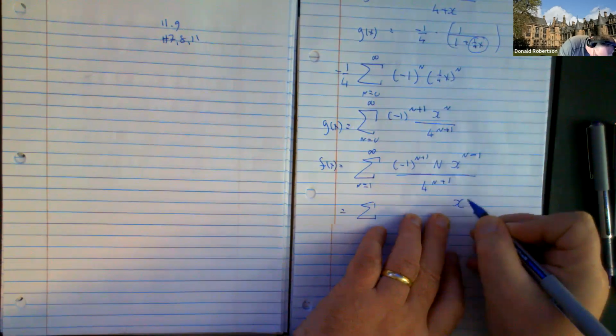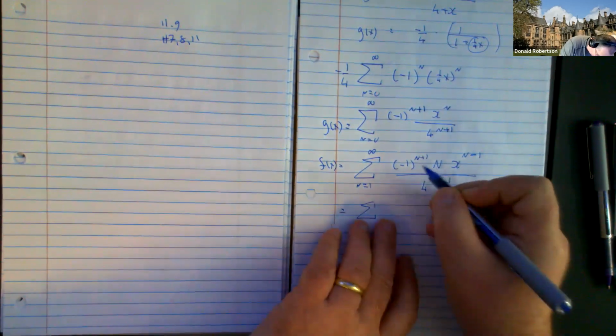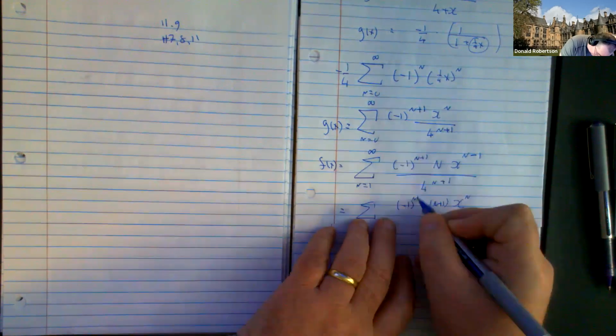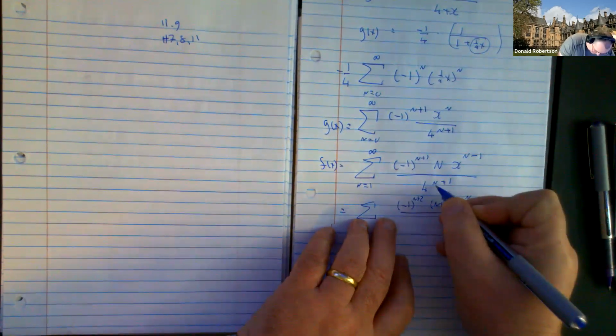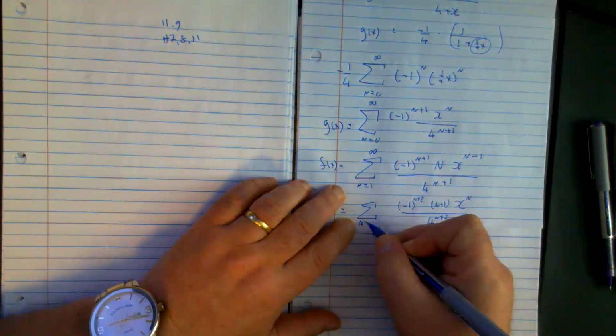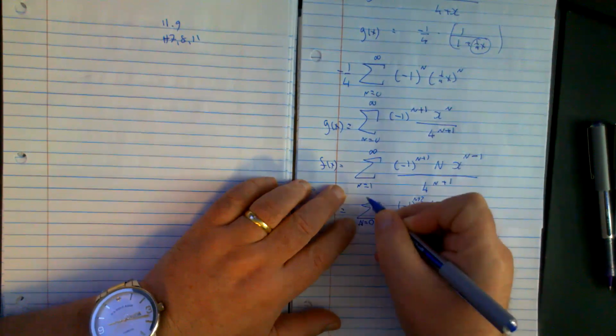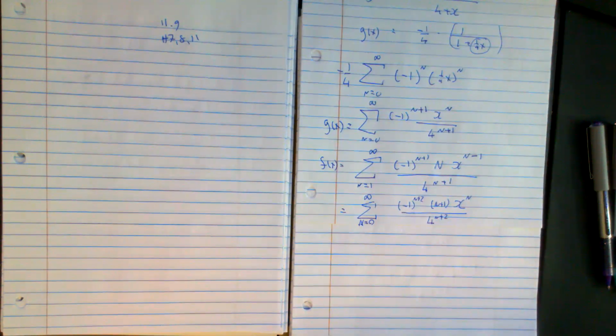I'm going to add a 1 to this guy. I'm going to add a 1 to this guy. And I'm going to add a 1 to this guy. And I'm going to take away 1 from this guy. So essentially, if I start at 0, everything just disappears. But you just start from 1 instead, right?